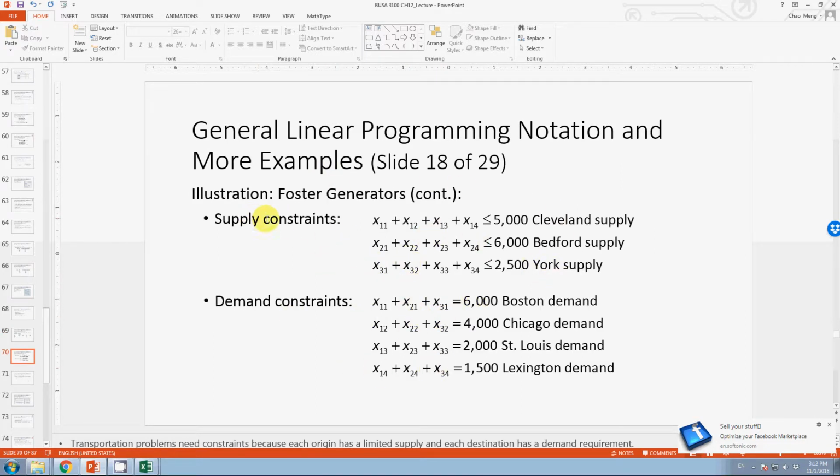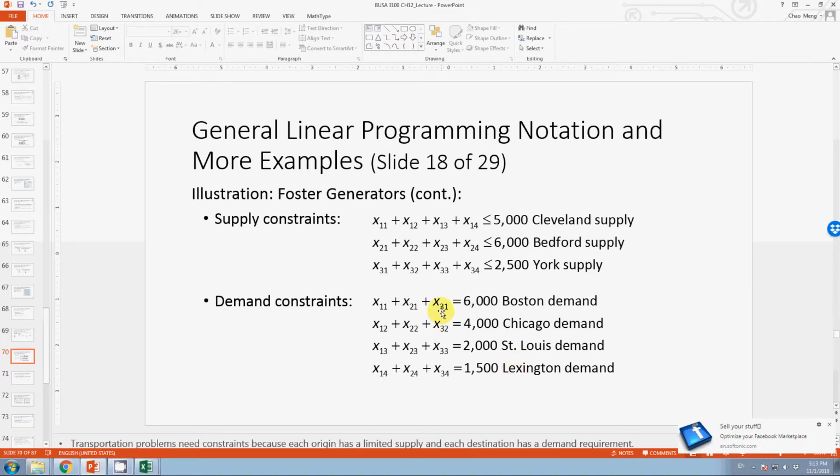The supply constraints: the number of units to be shipped from each supply location cannot be greater than the capacity. And for the demand, we have to satisfy all the demands. So the number of units received at each location has to be exactly the same as the demand for that location.